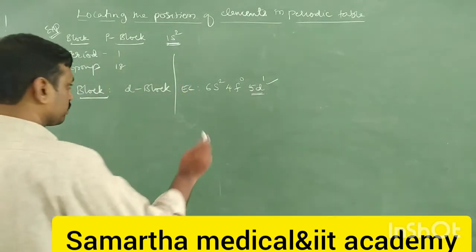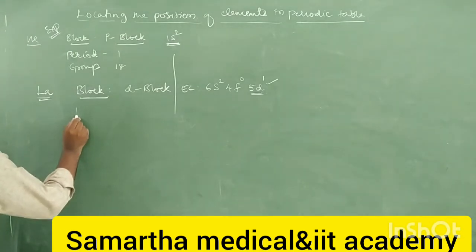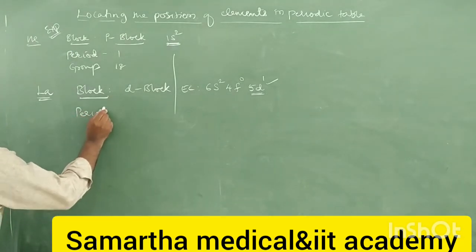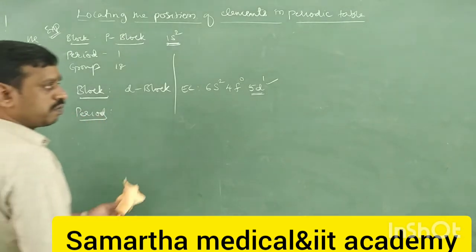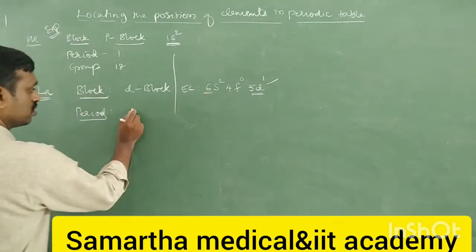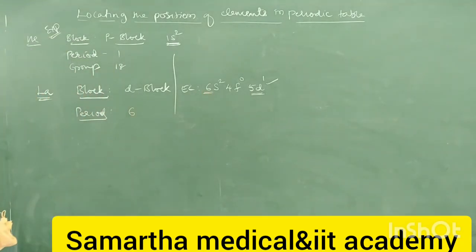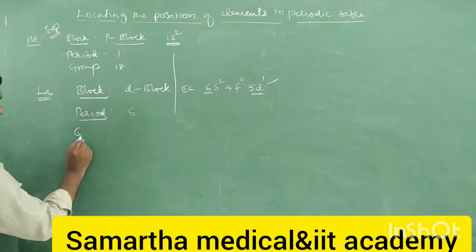Next, what is the period number? We know that period number is equal to the maximum principal quantum number, which is 6th. Next is group number.